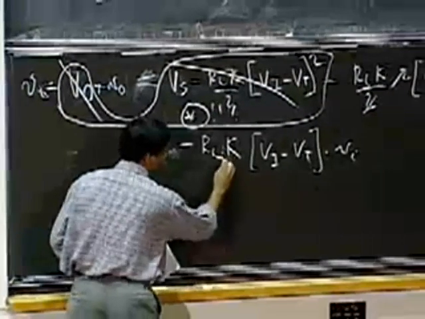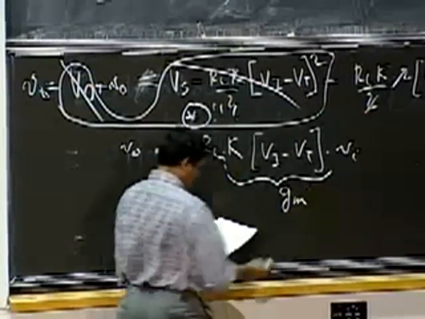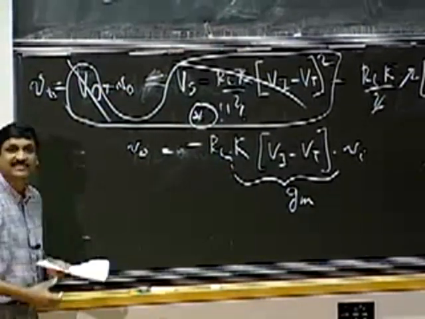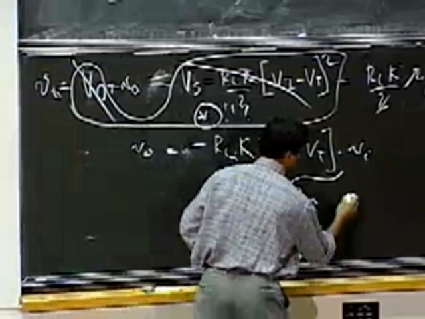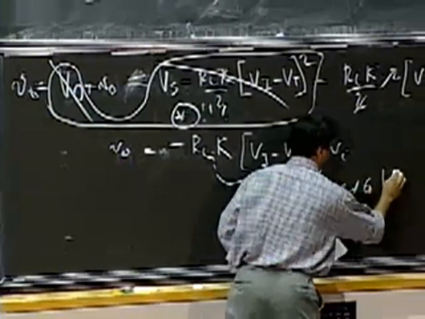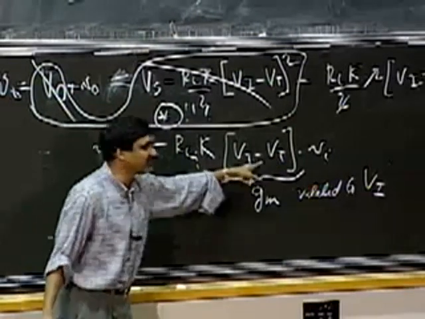Let me just define some terms for you that we'll use again and again, for reasons that will be obvious next lecture. I'm going to call this term K, this is a constant, K (Vi minus Vt).